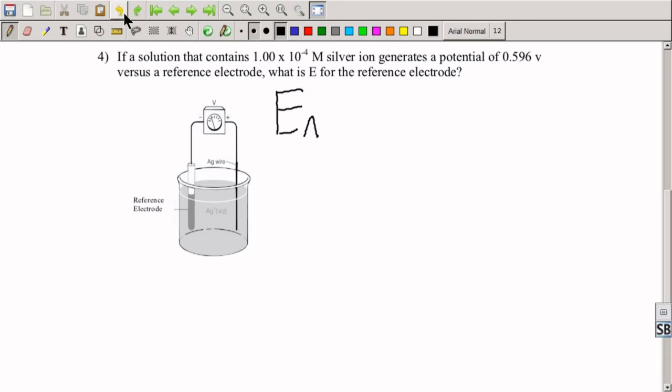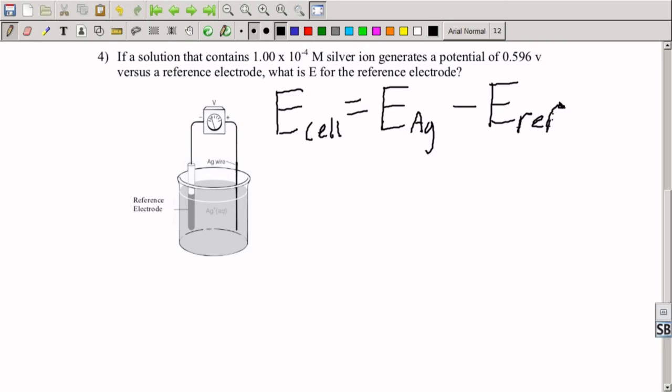Yes, that you'll have in front of you as well. The potential of the cell is going to be equal to the half potential of my silver electrode minus the half potential of the reference electrode.